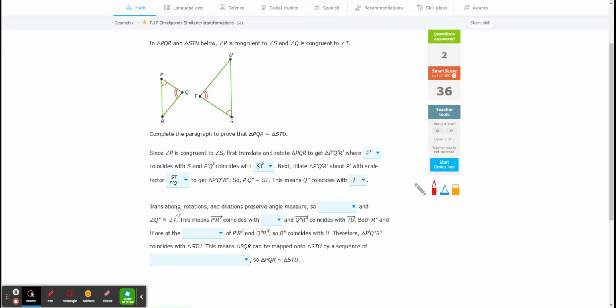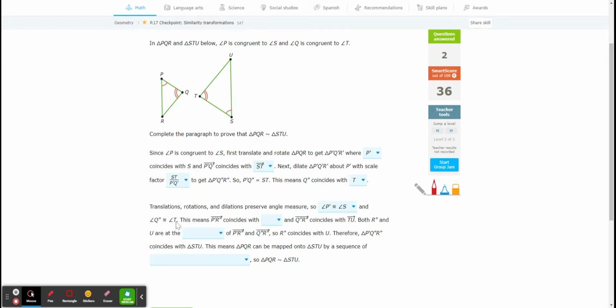All right, translations, rotations, and dilations preserve angle measure. So P prime must be congruent to S. Remember, P and S are the coinciding ones.